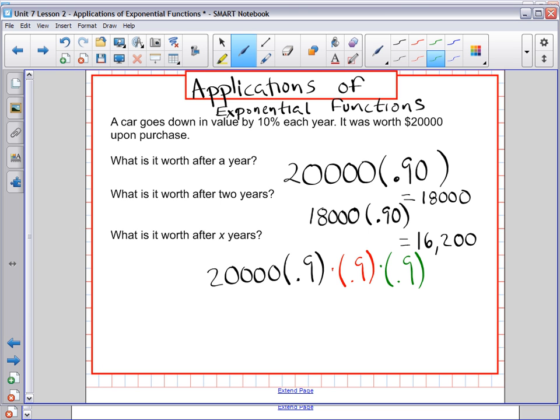When we have repeated multiplication, instead of writing all of those multiplication problems out, we would write those 0.9s as 0.9 raised to a power. So each year would be a new power. After x years, it would be 0.9 to the x power.